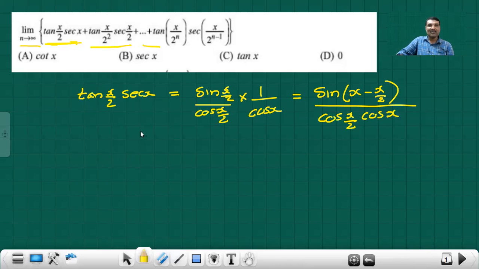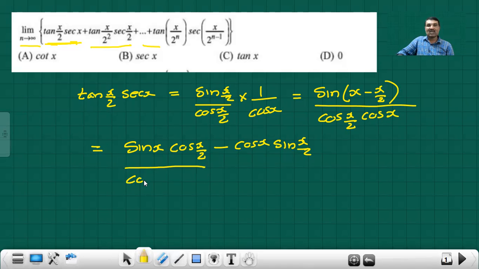Now we can apply the sin of a minus b formula to the numerator. So the numerator becomes sin x cos x by 2 minus cos x sin x by 2, divided by cos x by 2 cos x.